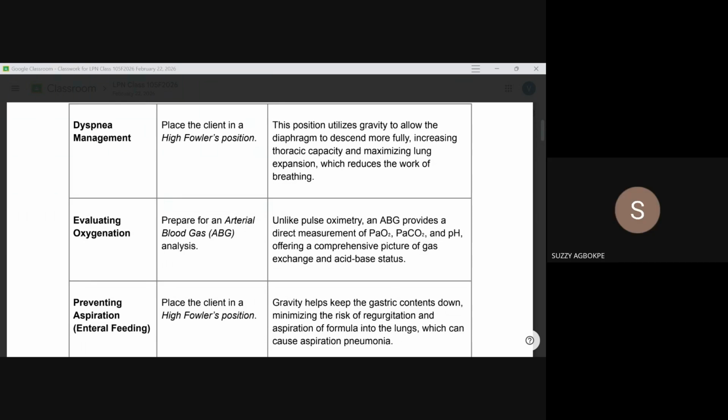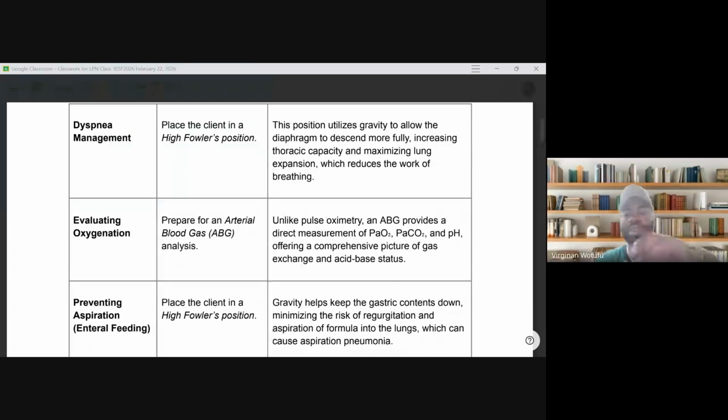Concerning the spirometry, when using it, do you take in the air fast or slow? As for deep, I know you have to take it deep, but is it fast or slow? You inhale slowly, which gives enough time for lung expansion.